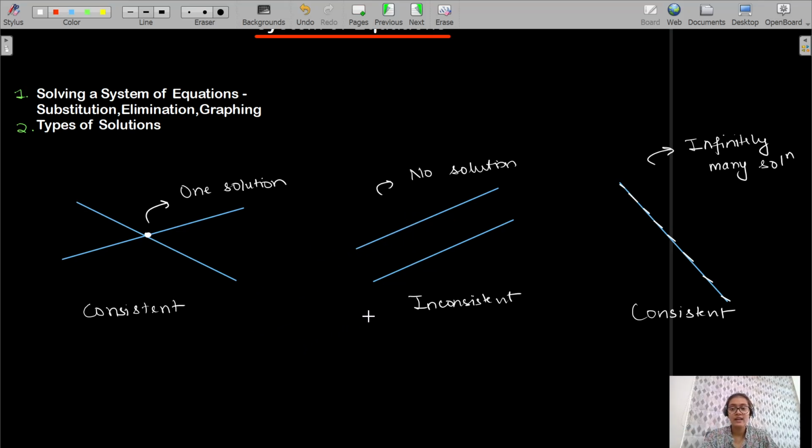Now, what is the algebraic condition to get these solutions?